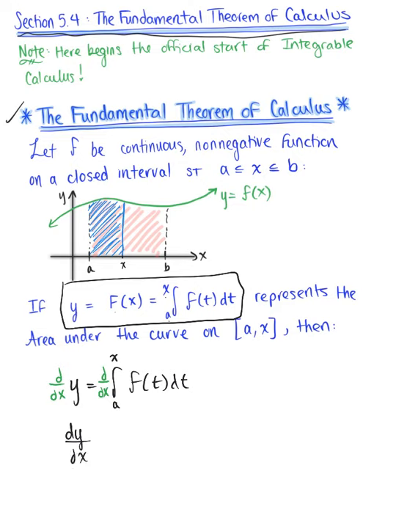So the derivative of y, if we differentiate the antiderivative, we end up with f of x. We take this upper bound and plug it right into the function. You can even note that this is technically multiplied by the derivative of x, which is just 1. So this gives us f of x. Differentiating a definite integral with respect to x gives us the original function.